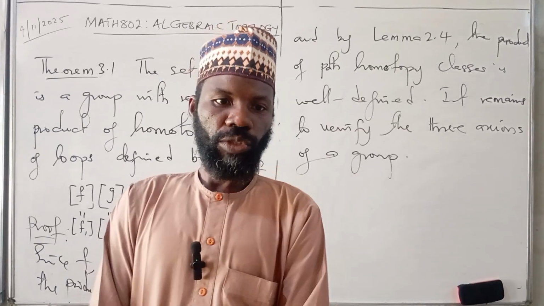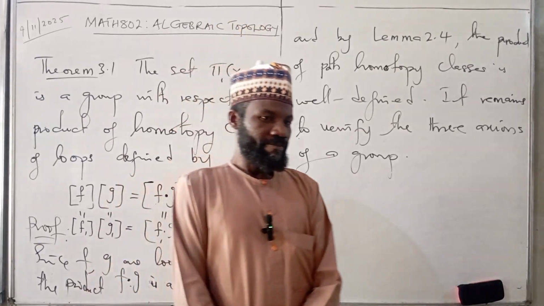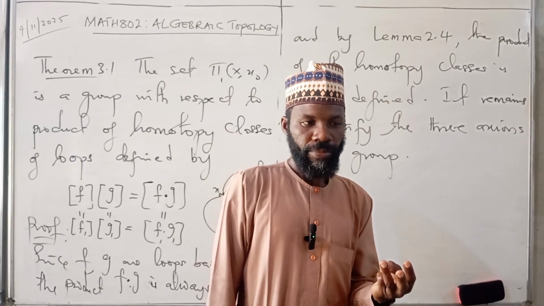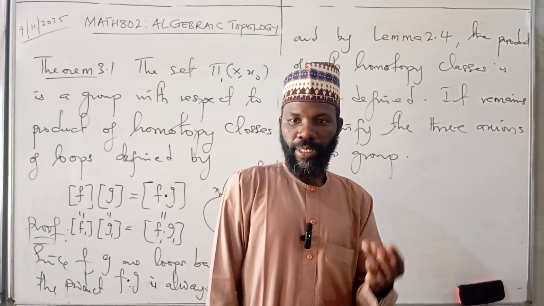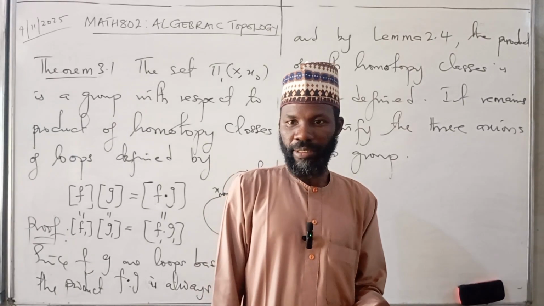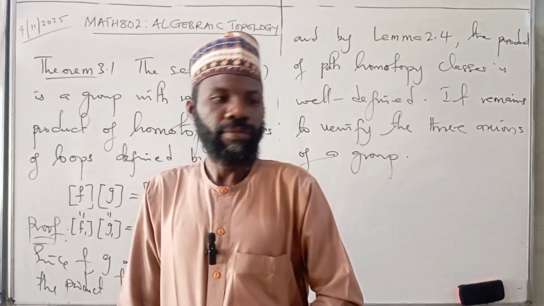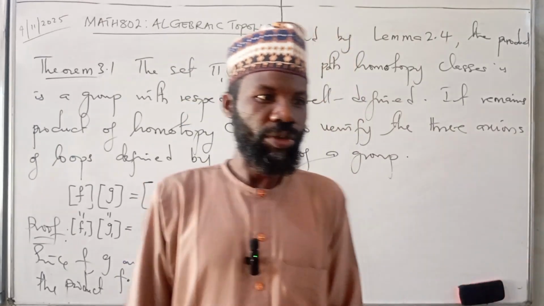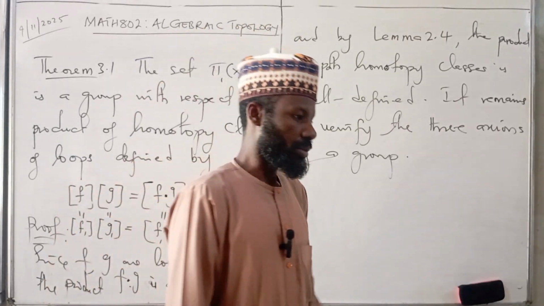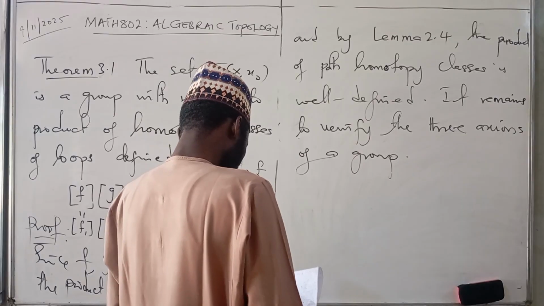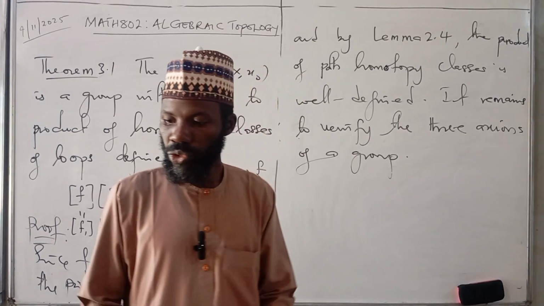So which three axioms do we need to show? That the operation is associative, that there is an identity element, and that every element has an inverse. But in group theory, we know the inverses must be unique. So if we just produce the inverse, it is unique. Okay? All right. So how do you do that?